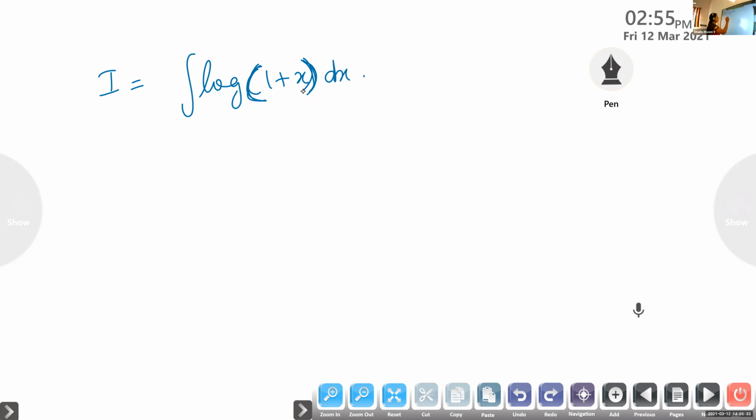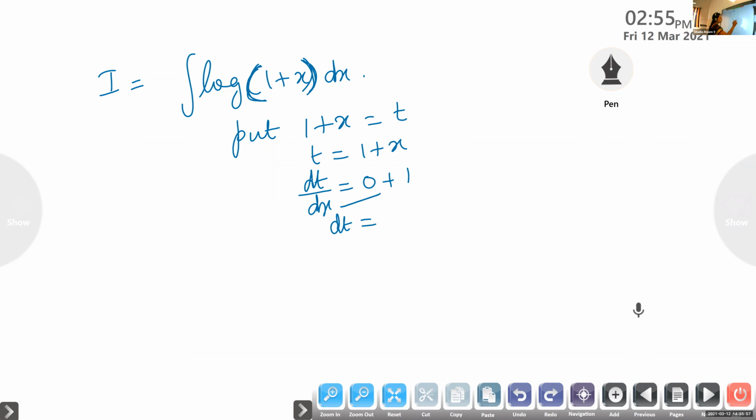I'm going to substitute, put 1 plus x is equal to t. We are converting everything in terms of t. So t is a function in x. What is dt by dx? If you differentiate 1 you get 0, plus x if you differentiate, 1. Therefore dt is equal to dx.